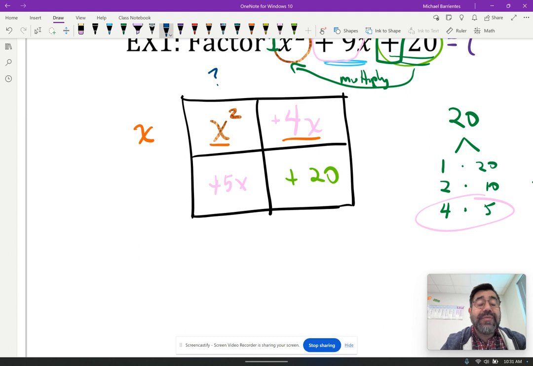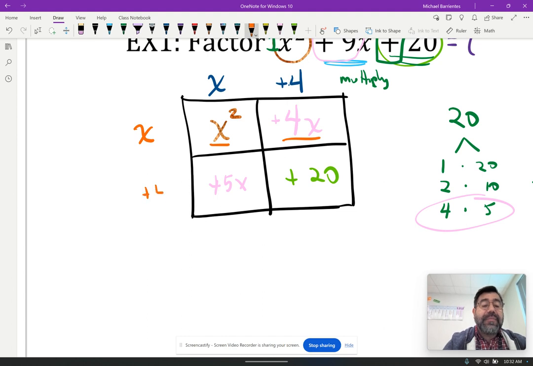So what times x would give me x squared? That would be x. And then what times x would give me plus 4x? That would be plus 4. And then what times x would give me 5x? Positive 5x. Well, that would be positive 5. And if we did everything right, positive 5 times positive 4 gives me positive 20.